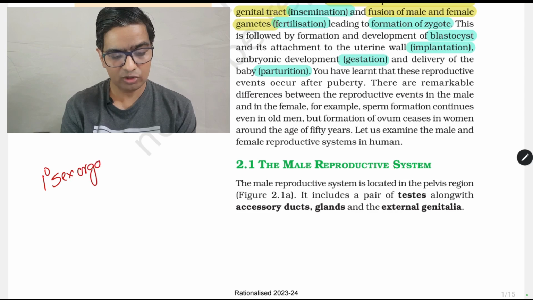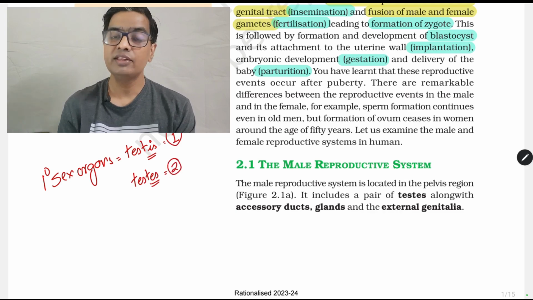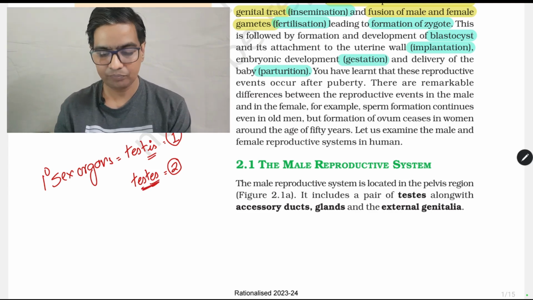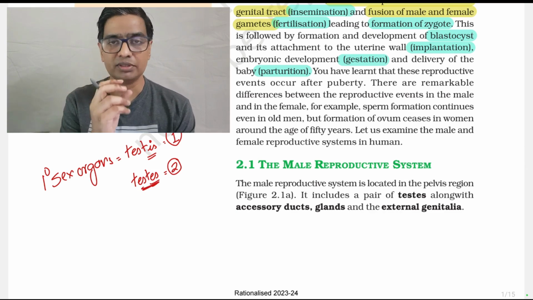So primary sex organs in case of a man would be the testes. Important: TESTIS means one testis, but when we write TESTES, it means we are talking about 2. So a male has a pair of testes. Now the testes are going to make the sperms, right?